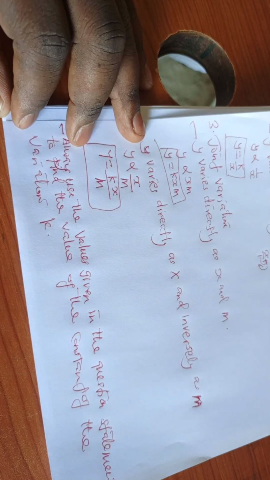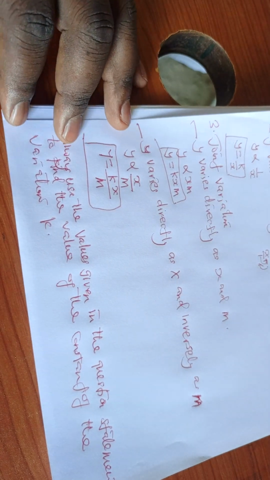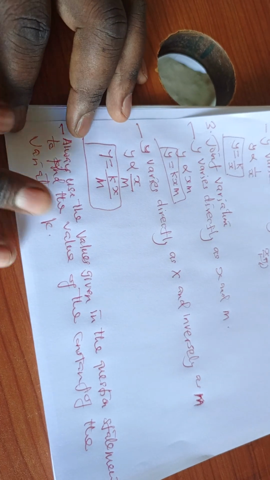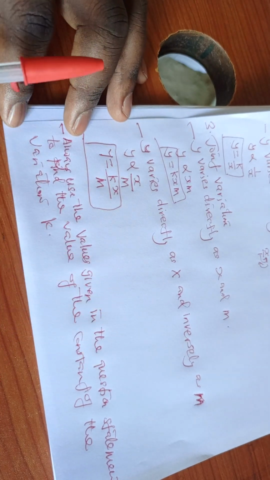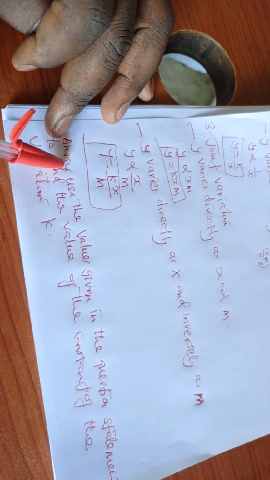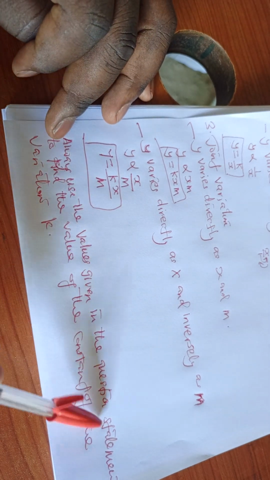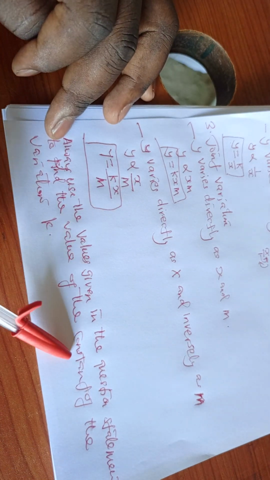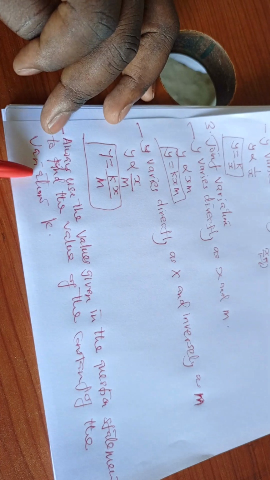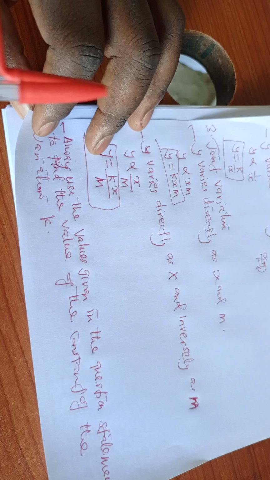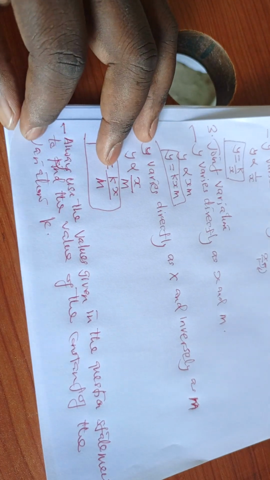Since I said our k is a constant, always use the values given in the question statement to find the value of k, the constant of variation. So we are always supposed to find the k because k is a constant.